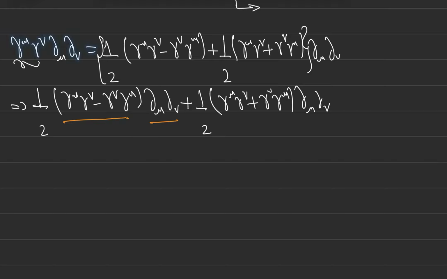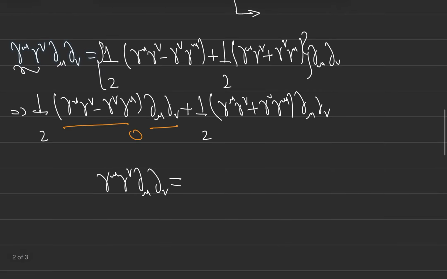So this is a symmetric part, this is anti-symmetric part, and we know that whenever you contract an anti-symmetric part with a symmetric part, what you get is 0. So this part vanishes, and what you end up with is gamma mu, gamma nu, partial mu, partial nu is equal to half gamma mu, gamma nu plus gamma nu, gamma mu, partial mu, partial nu.